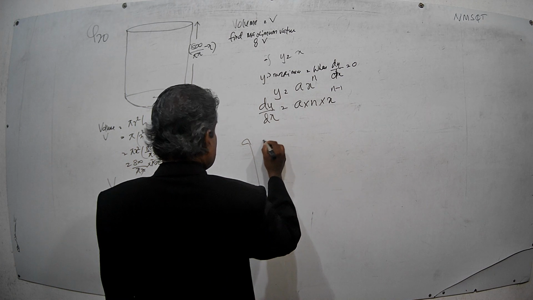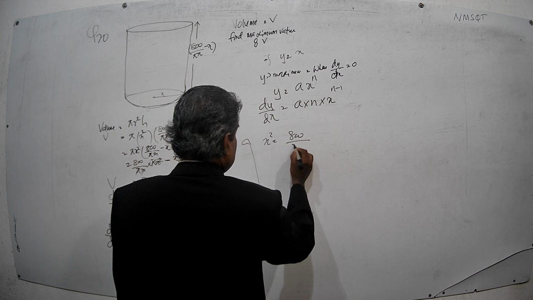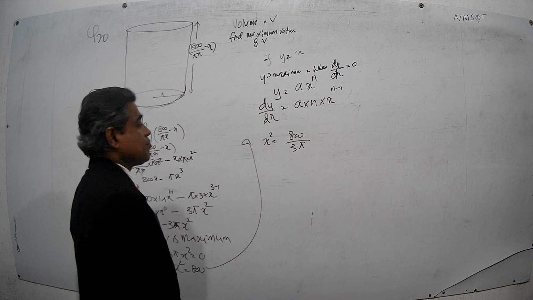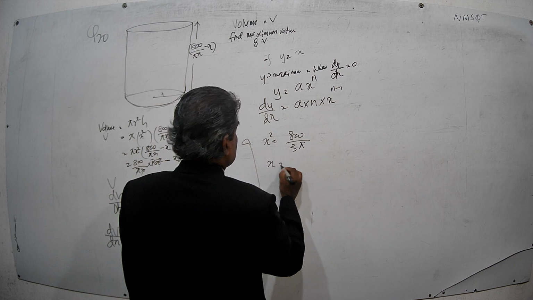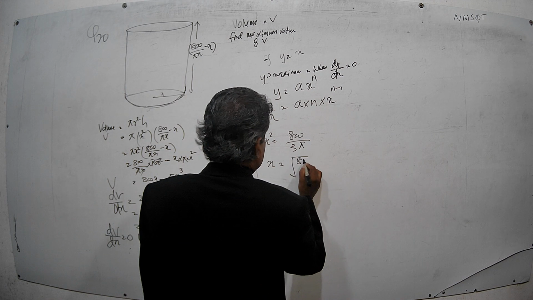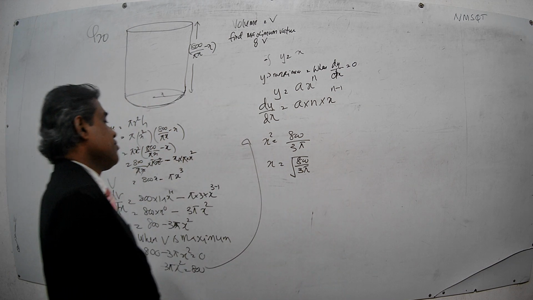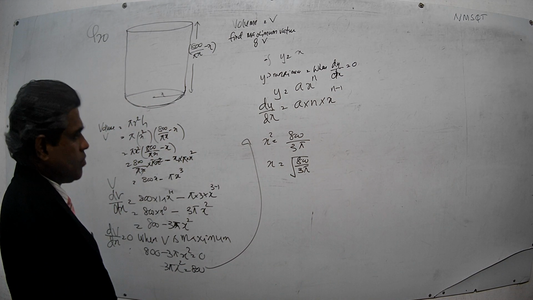Then x squared equals 800 over 3 pi, right? Then x equals how much? Square root of 800 over 3 pi. It's like that, right?